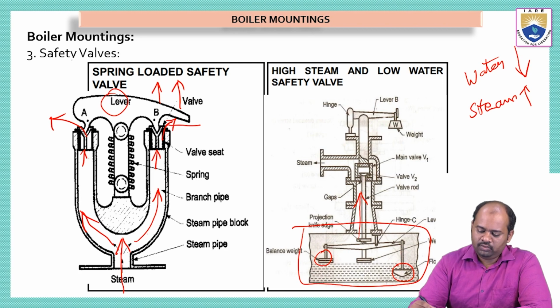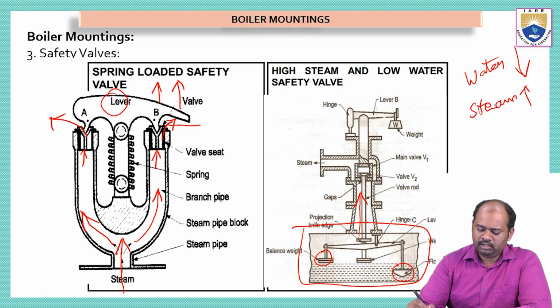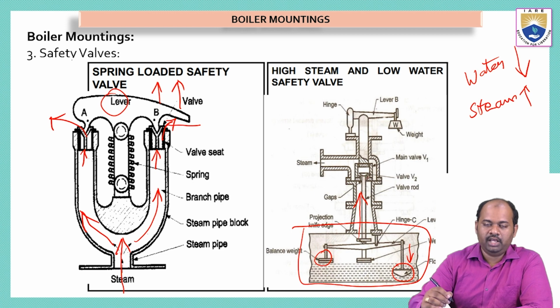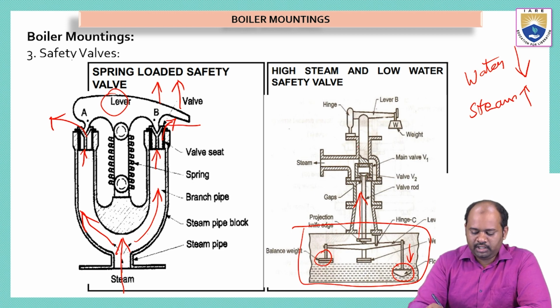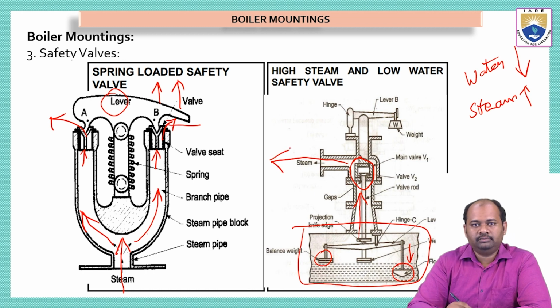So due to the formation of steam, the water level inside the tank will decrease. This will make the float move in the bottom direction, so that it will operate the lever in such a way that it will open the valve, to make the steam escape through this opening. Why do we have to open the safety valve when the water level decreases?